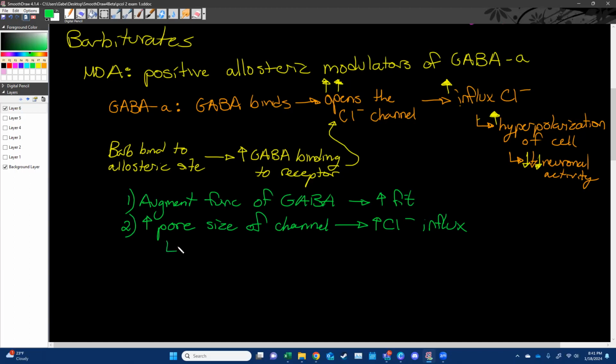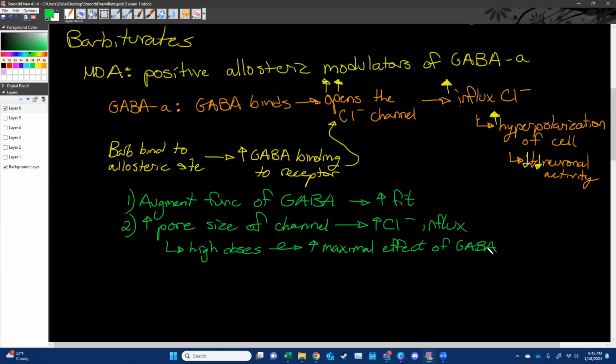What this amounts to is that at high doses of barbiturates, you are increasing the maximal effect of GABA. GABA on its own can only let 1 chloride through. Barbiturates force open the pore so that way more can get through than normal.